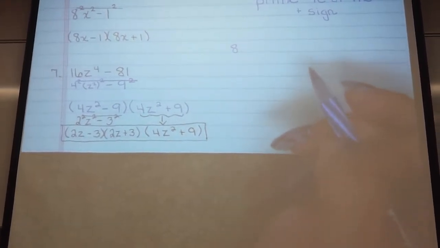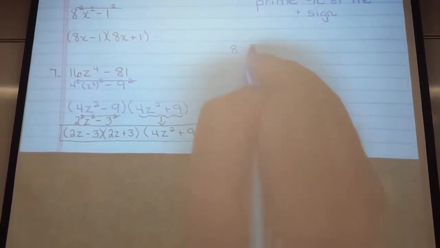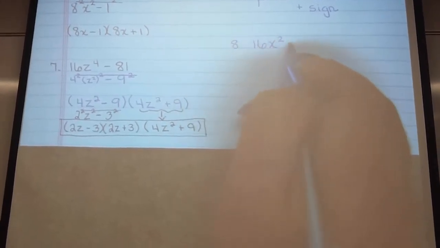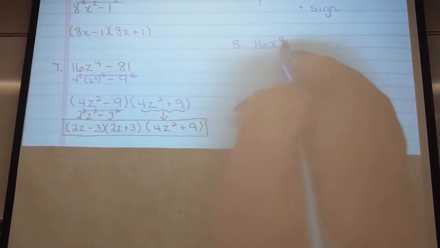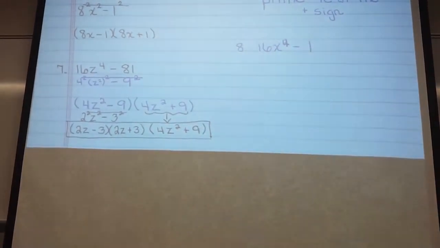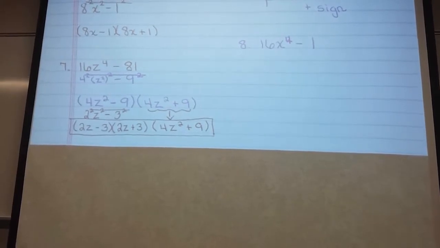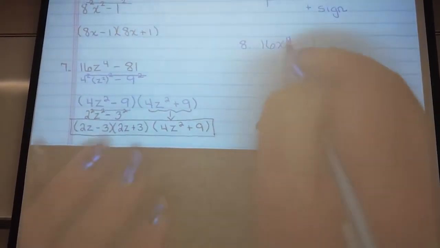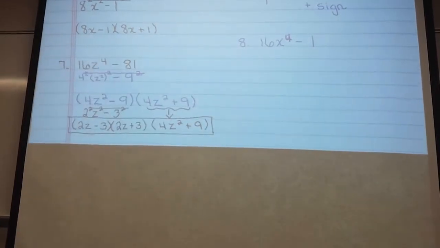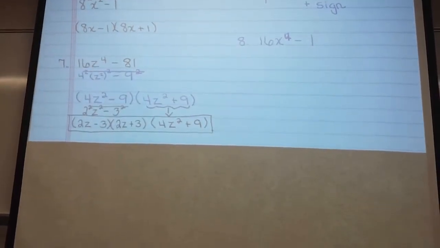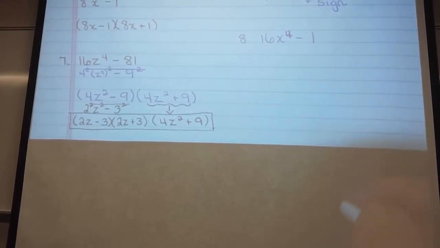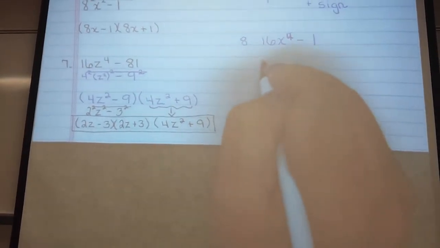Let's try 16x to the 4th minus 1. So how could I rewrite 16? 4 squared.